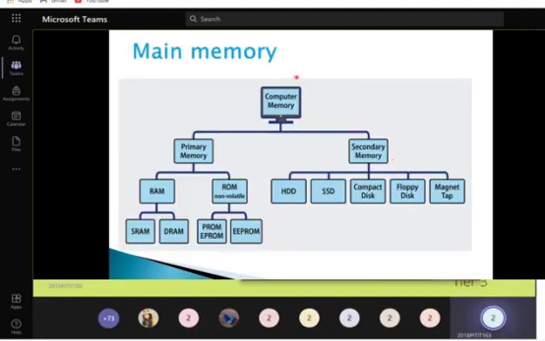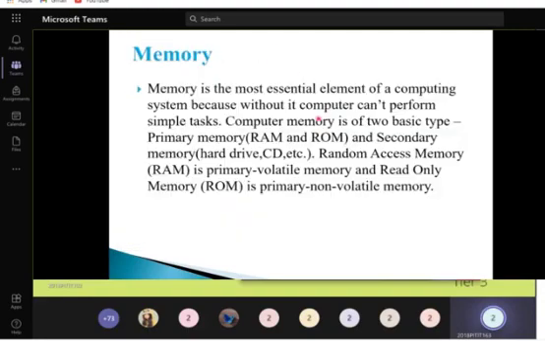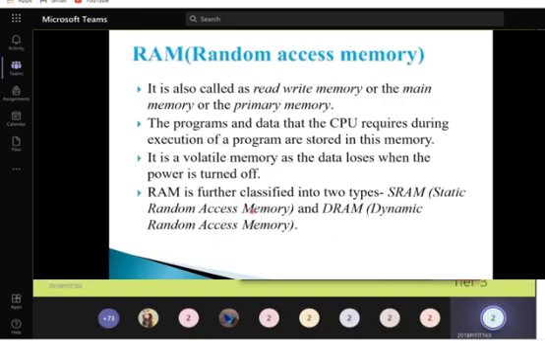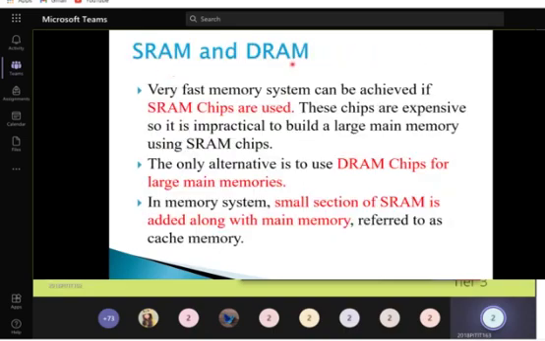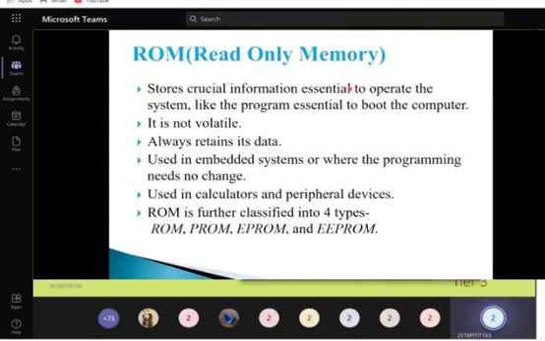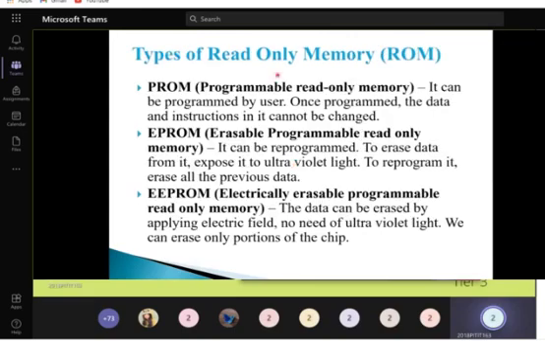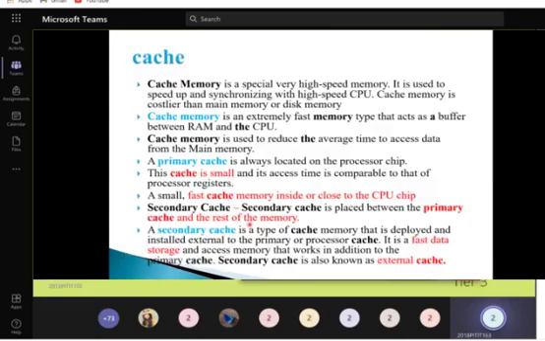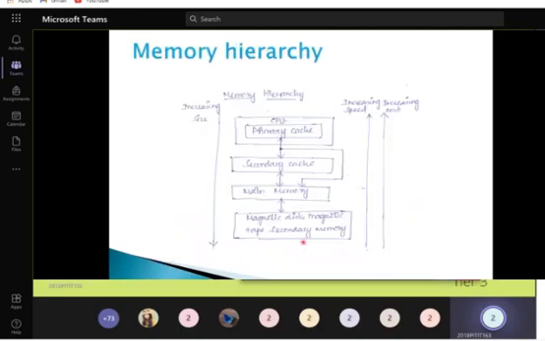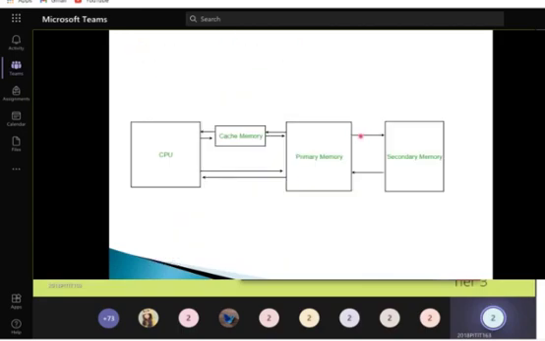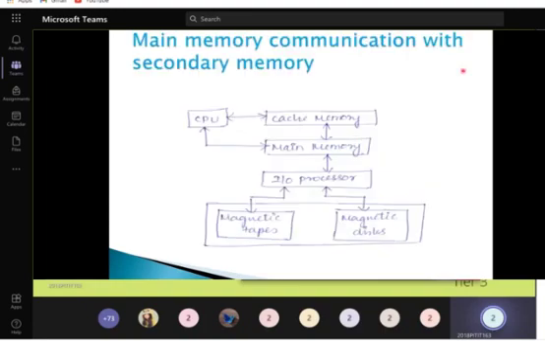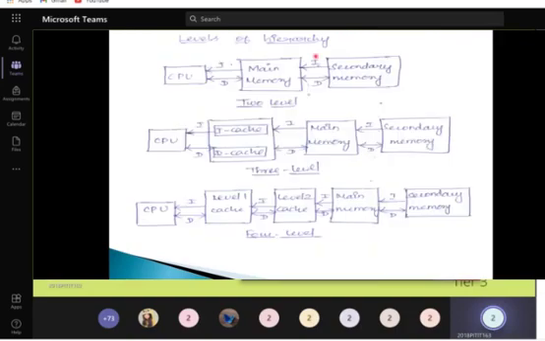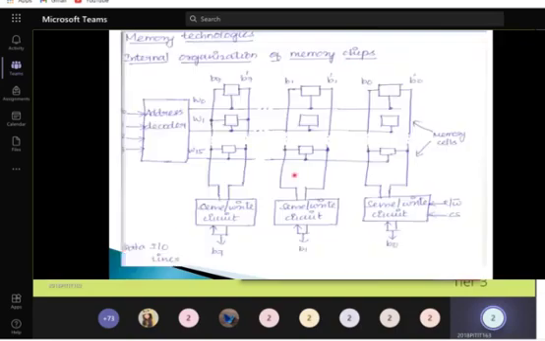The classifications we saw here: what is meant by memory, what is meant by RAM, what SRAM means, what DRAM means, the difference between these two, what is meant by ROM, the types of ROM we have and their purpose, what is meant by cache and how it is organized, the memory hierarchy, how the communication happens between the main memory and the secondary memory, and the levels of hierarchy.